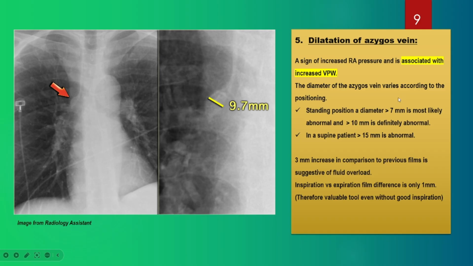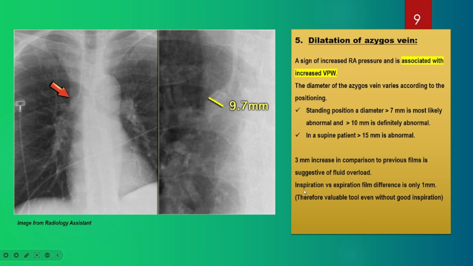In standing position, more than 7 millimeter is most likely abnormal, and more than 10 millimeter is definitely abnormal. But in a supine patient, more than 15 millimeter is abnormal. A 3 millimeter increase in comparison to the previous films is suggestive of fluid overload.